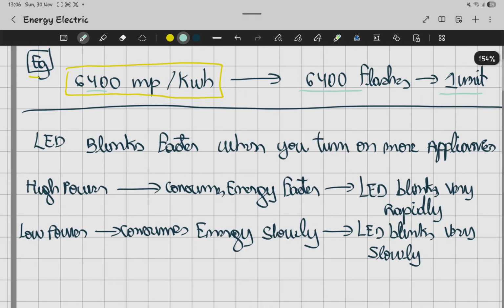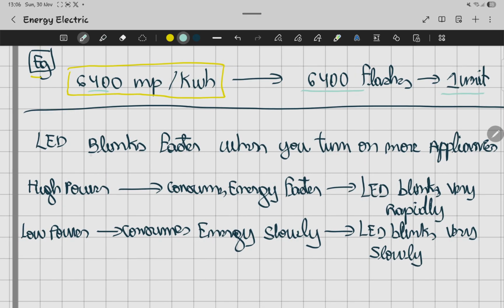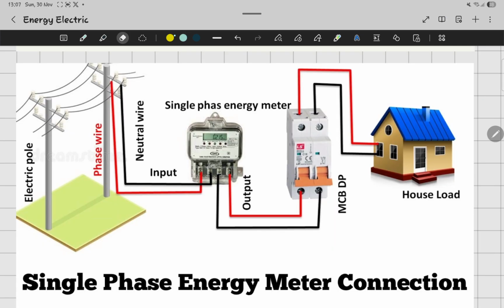In simple terms, the LED blinks faster when you turn on more appliances. This is the electricity meter unit, and this is the house where we have appliances inside.